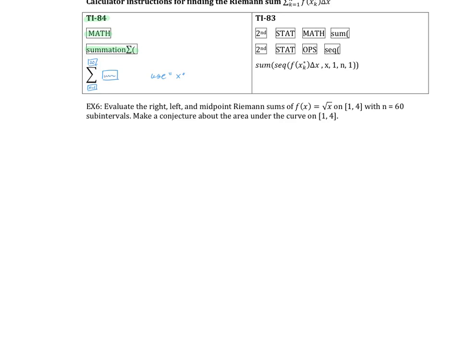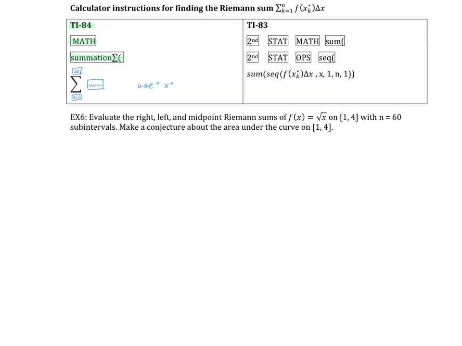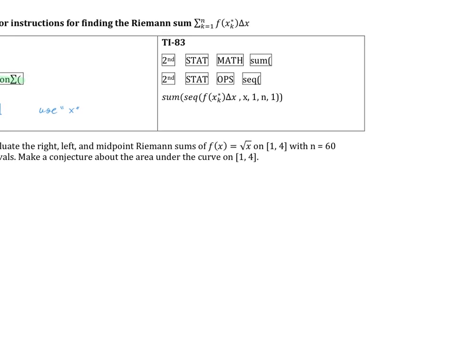If you're not fortunate enough to have the TI-84 and you're using the old TI-83, it may be a little bit more difficult for you. So in the TI-83, you would hit second stat and then choose math and then sum. That will give you this piece that'll show up on your screen at the end.